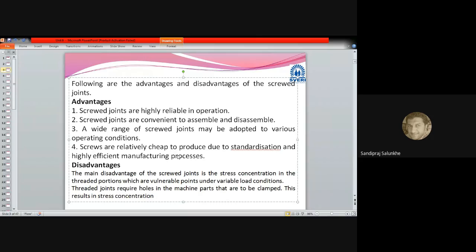That means we can have a smaller diameter of bolt to a bigger diameter, a bigger fastener, where we can keep the two different parts of the machinery under very heavy externally applied load.